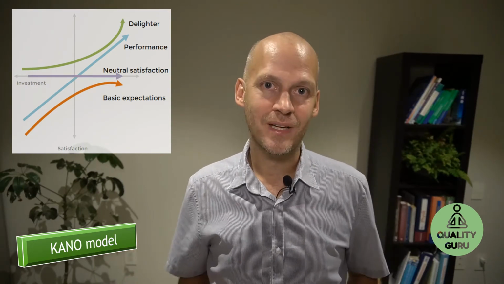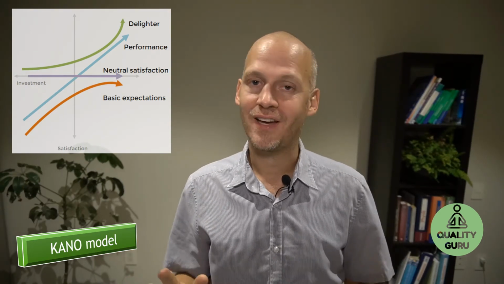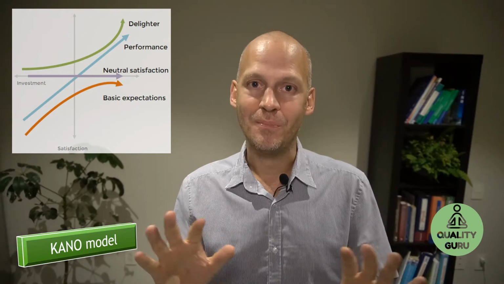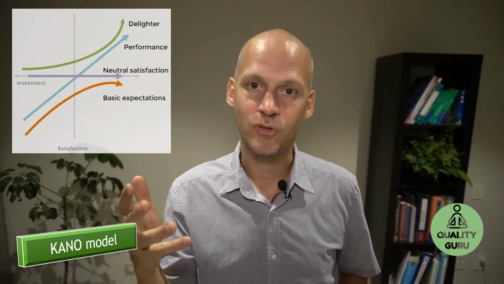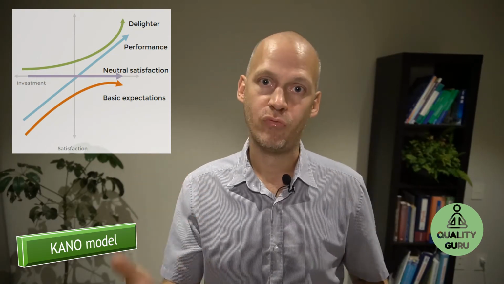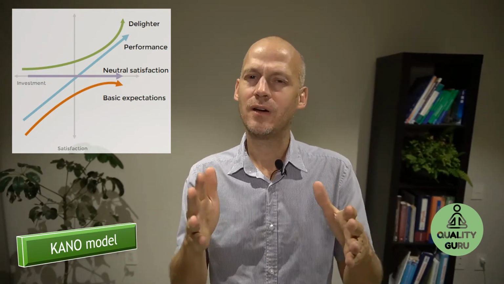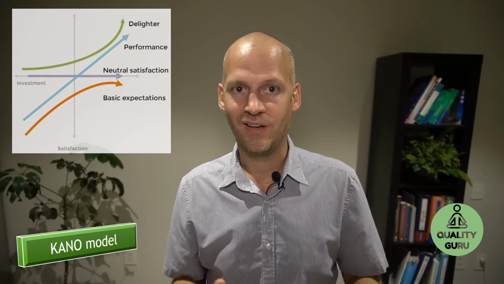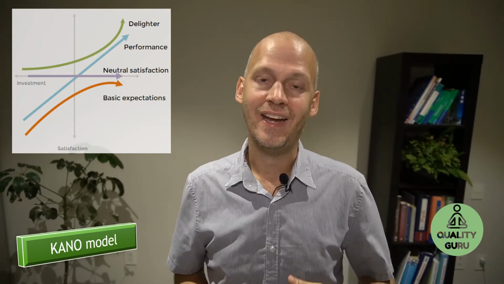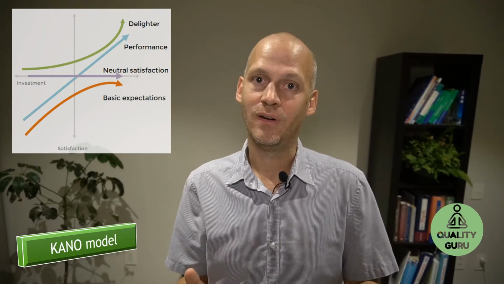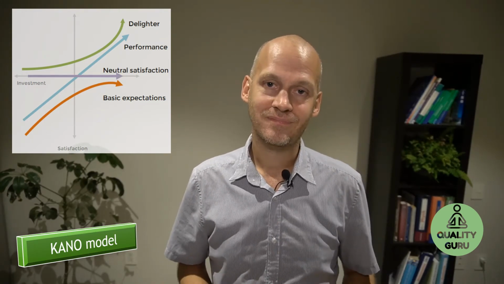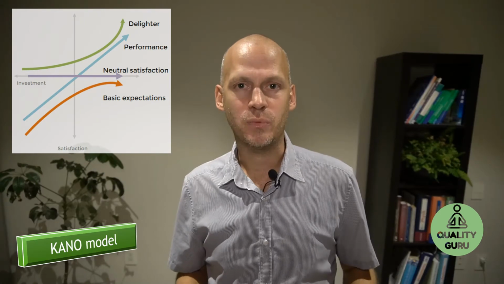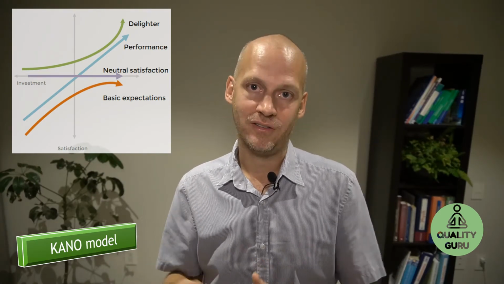All of those aspects are normal for a car, and the customer would be automatically dissatisfied if the car would not be able to drive, wouldn't have lamps, wouldn't have wheels. So there are certain basic requirements for a product or a service, and if they are not present, the customer will automatically be dissatisfied.